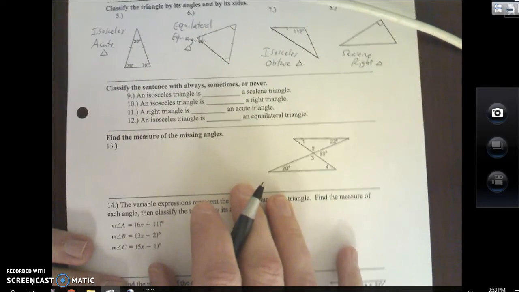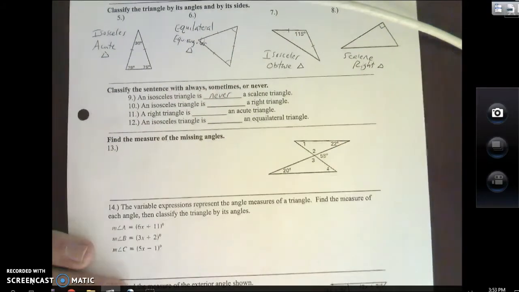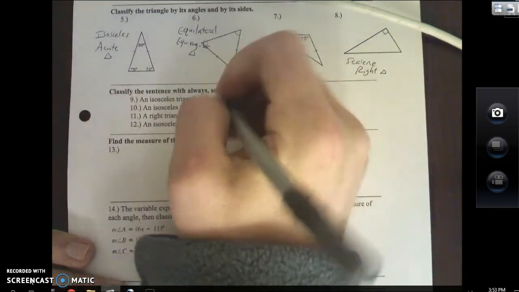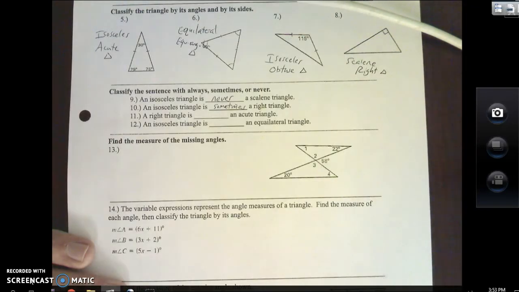An isosceles triangle is never a scalene triangle. Isosceles means I have two sides the same. A scalene means none, so I can't match them up. An isosceles triangle is sometimes a right triangle. If it is isosceles, that means it's 45, 45, 90, which is x root 2. I don't know if you guys ever heard of that, x root 2.